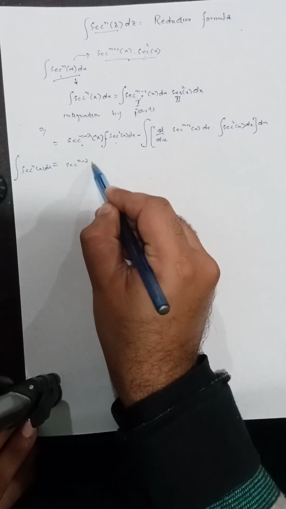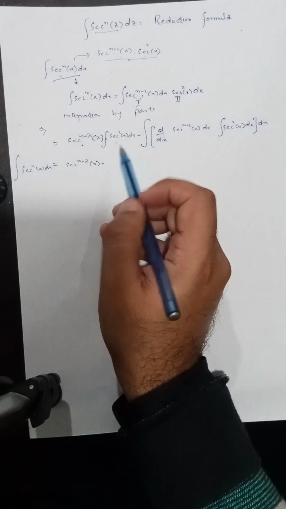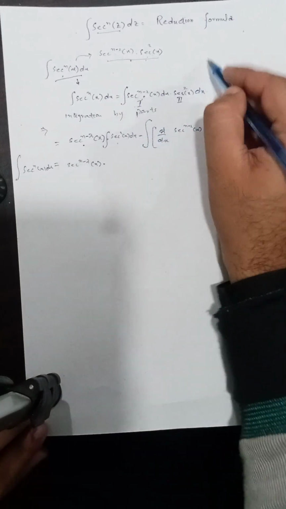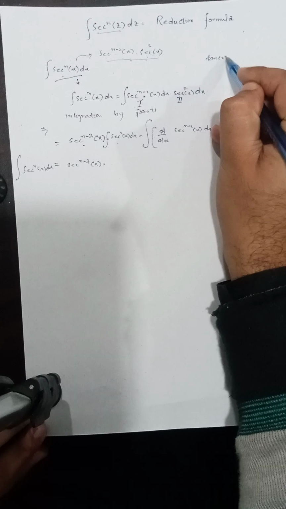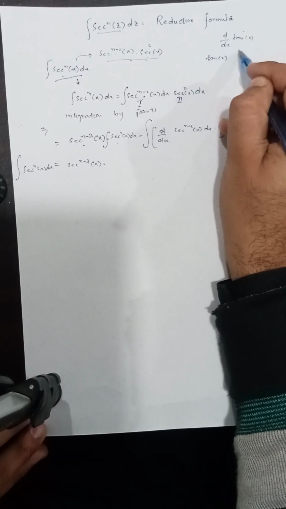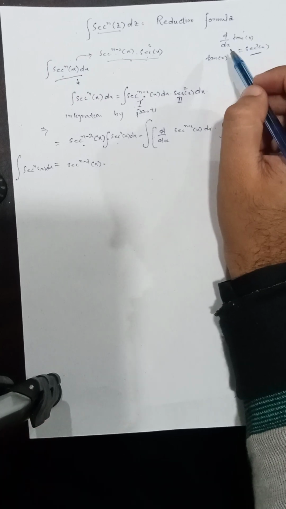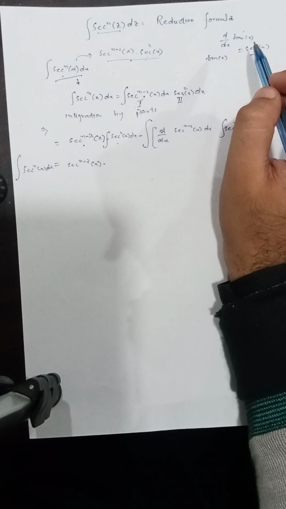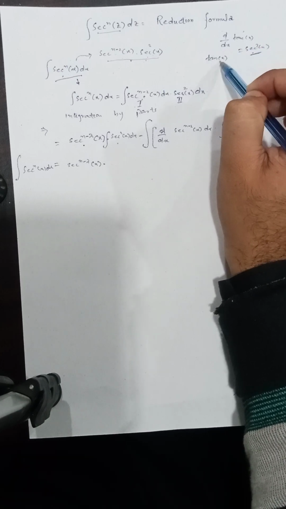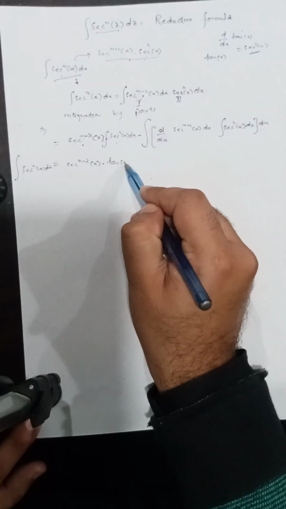In its place, secant n minus 2 of x times the integral of the second function. The integral of secant square of x dx is tangent of x, because the derivative of tangent x is equal to secant square of x. So differentiation and integration are the reverse of each other. So the integral of secant square of x is tangent of x.